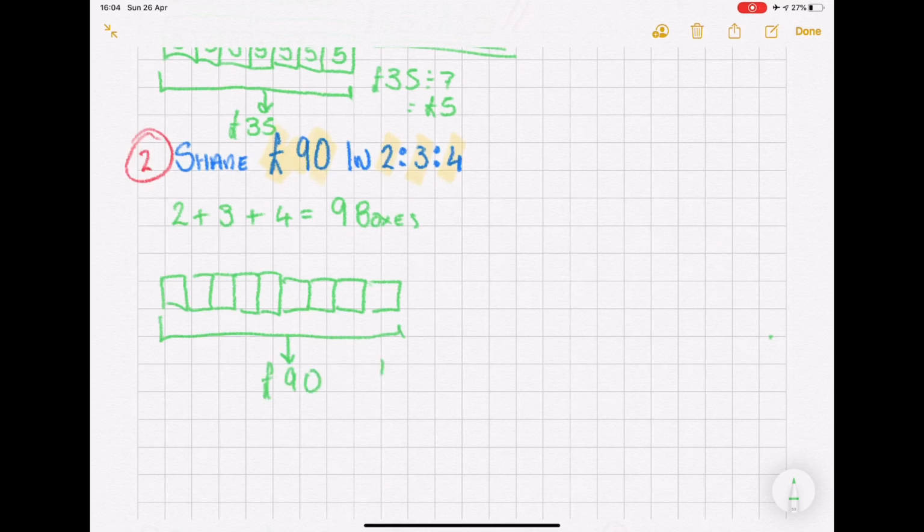So how much in each box? Well, £90 divided by 9 gives us £10. So there's £10 in each box. And we're splitting it in 2 to 3 to 4. So that's 2 boxes to 3 boxes to 4 boxes.